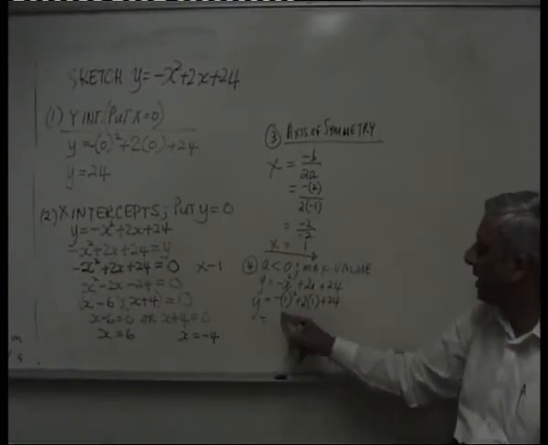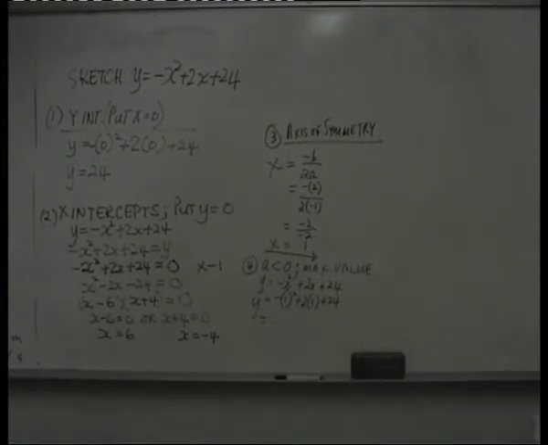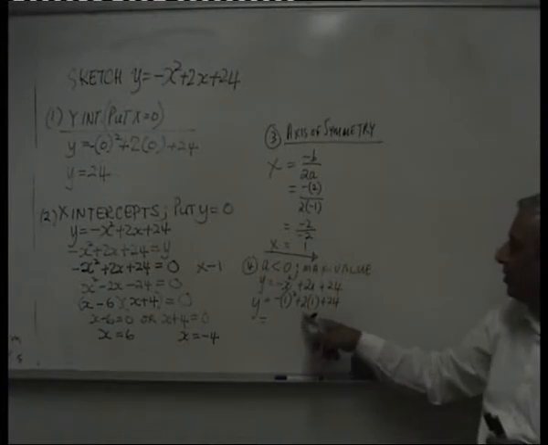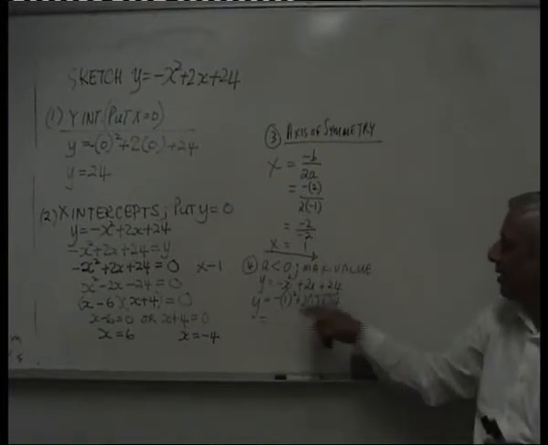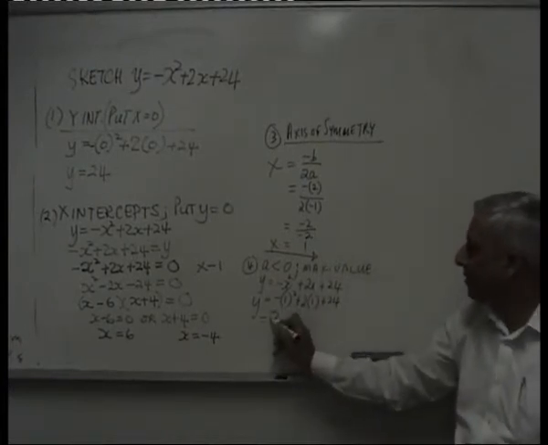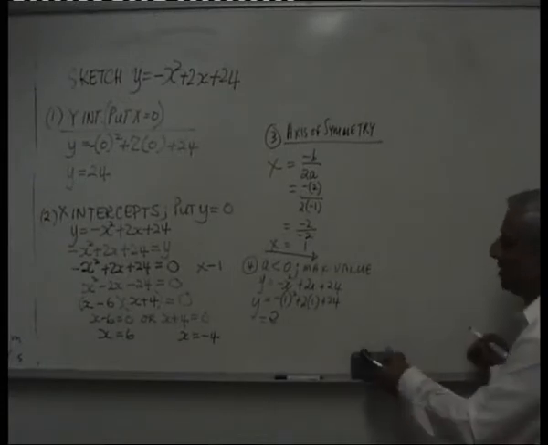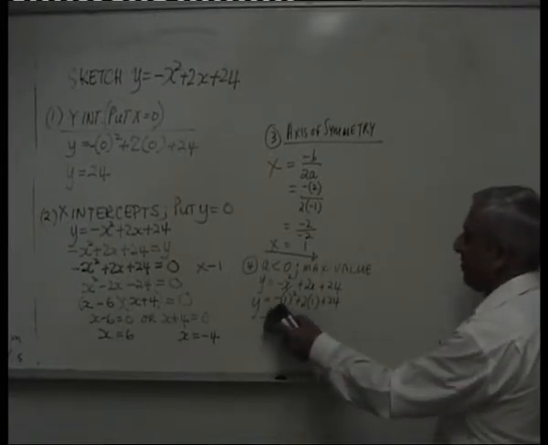Then you put that into your calculator, and you should get 25. 24, 25, 26, minus 1, 25. So you get the answer 25.